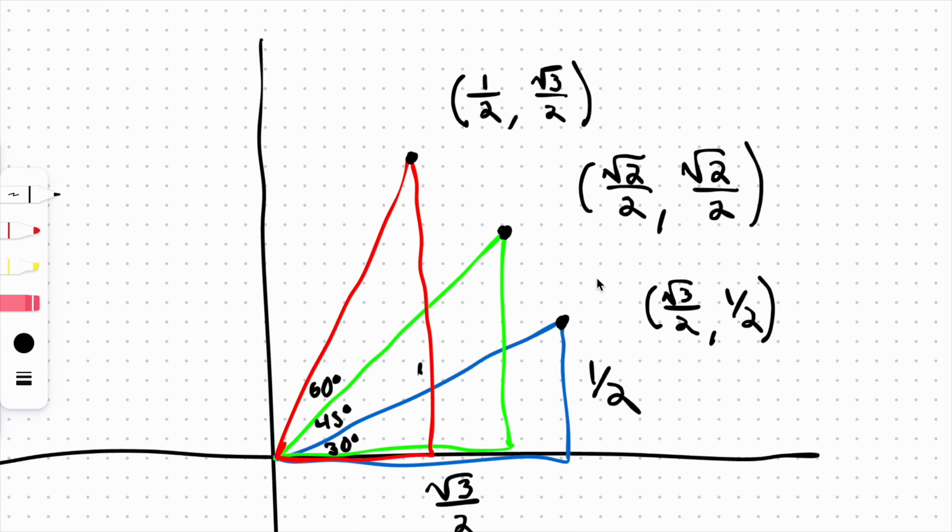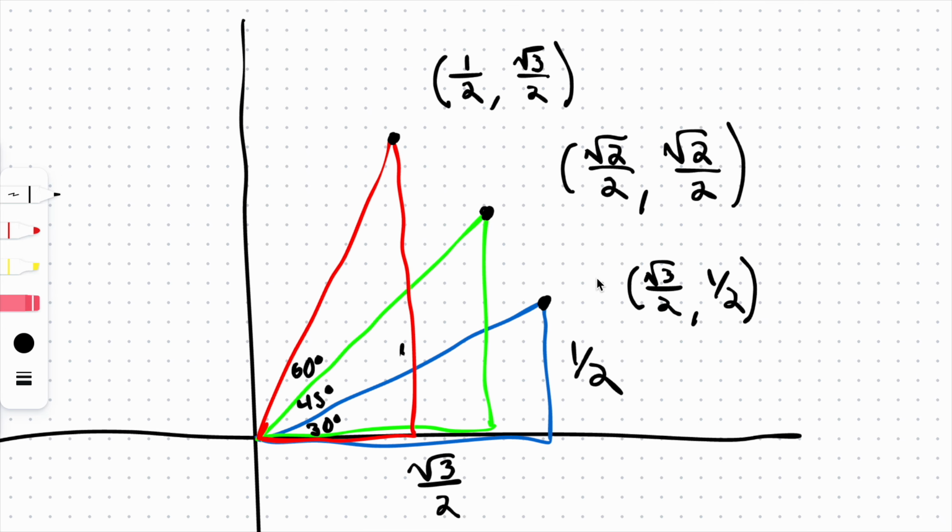I'm going to take a second to stop us here. Let's look at what we have. So we have a 30 degree triangle where theta is equal to 30. And we have points √3/2 and 1/2. Then we have this green triangle, which is our 45 degree triangle. And that's our x and y values for that point.